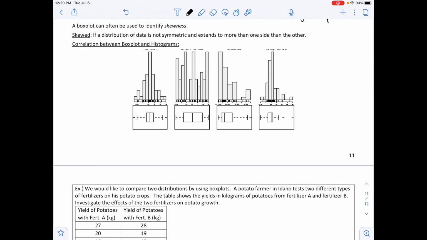You can see the skewedness on some of them also. And you can see that when the data is more bell-shaped, it has a smaller box, that interquartile range, like the first one, whereas that second histogram is more spread out, more dispersed, and so is that box on that interquartile range in the middle 50%.